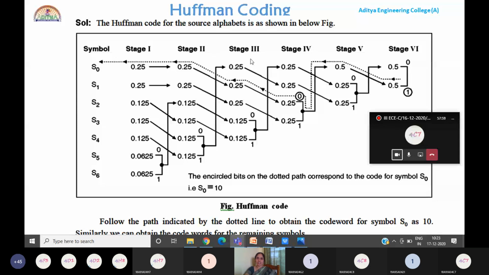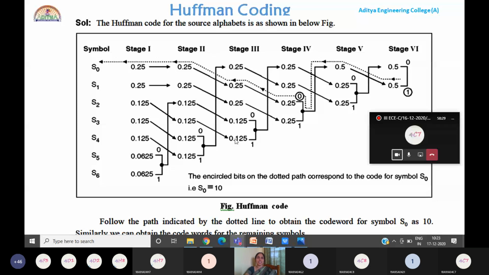Okay. Next, in stage 3, once again the last 2 terms are combined, assigning 0 to the last but one term and 1 to the last term. While assigning and relocating the order of probabilities, please observe the reduction process. During the first reduction, we have a reduction from S6 to S5, so you should have bits only up to S5.